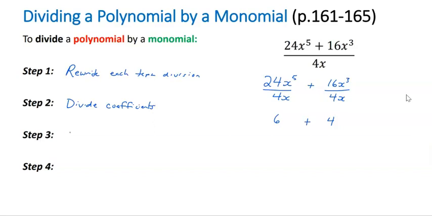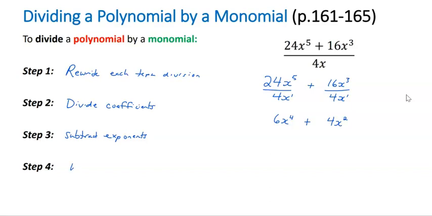Our next step is to subtract exponents. For our first term, we have x to the power of 5 divided by x to the power 1. So we do 5 minus 1, which is x to the power of 4. And for our second term, we have x to the power of 3 divided by x to the power of 1. So 3 minus 1 is 2.